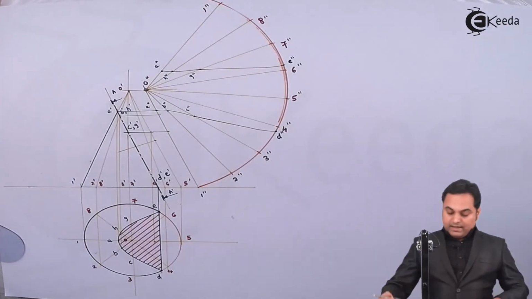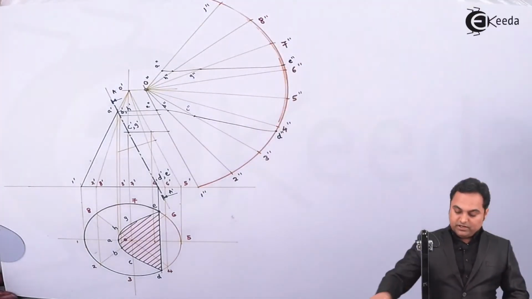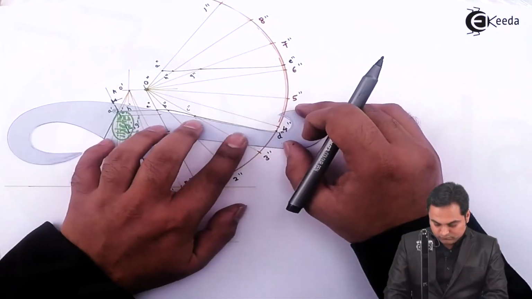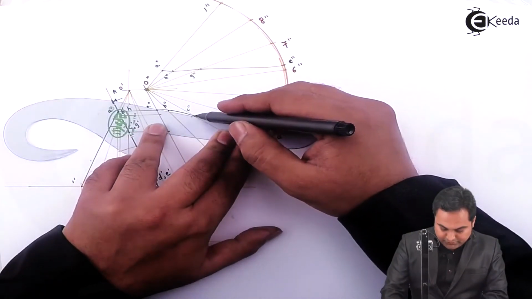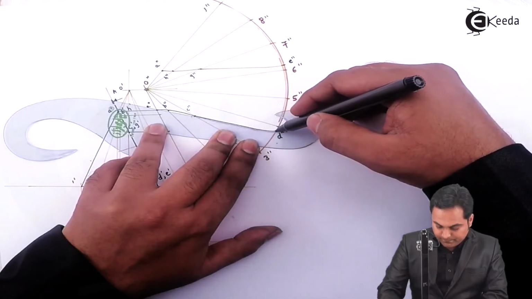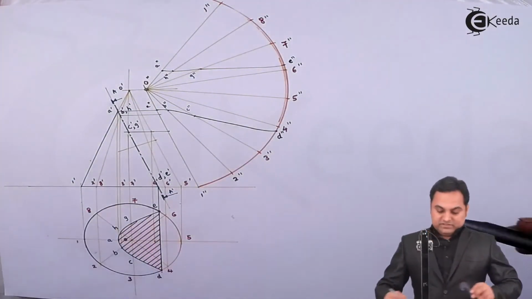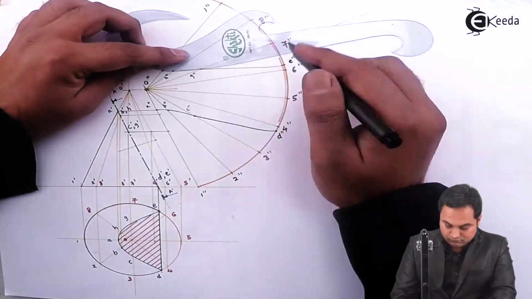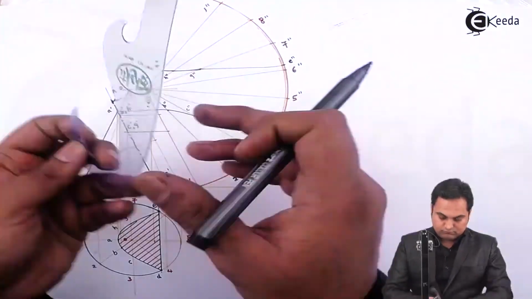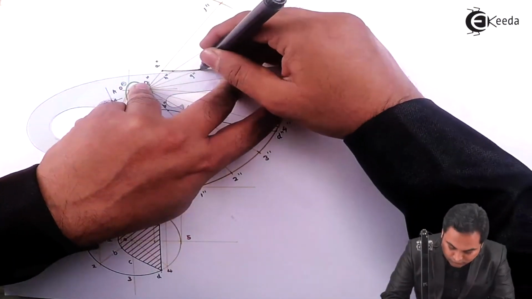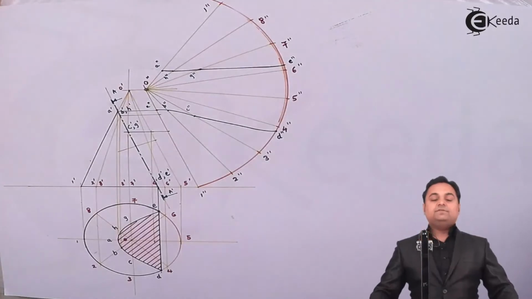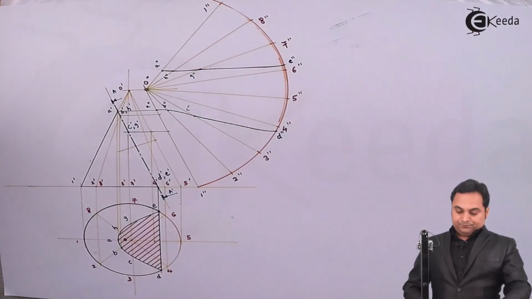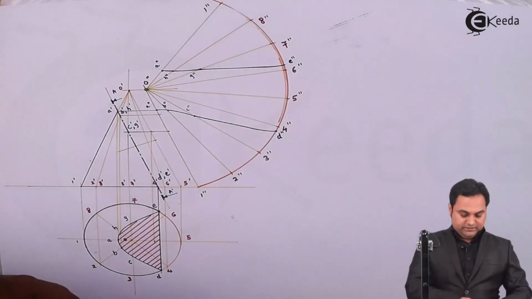Now, I'll make these curves dark. So C double dash to D double dash will be connected. Similarly, onto the other side. Now, after joining these points, the next thing is we have to make the remaining part dark.